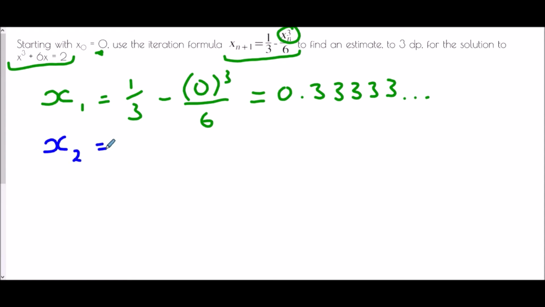So I'm going to go to x2, and x2 just requires me to use the value that I got in the previous iteration as my x value. And in this case, 0.333, it's very difficult to actually type into a calculator to do it accurately, but we have the benefit that we have a button called ans.